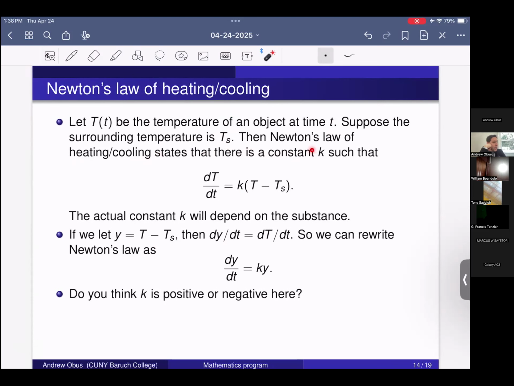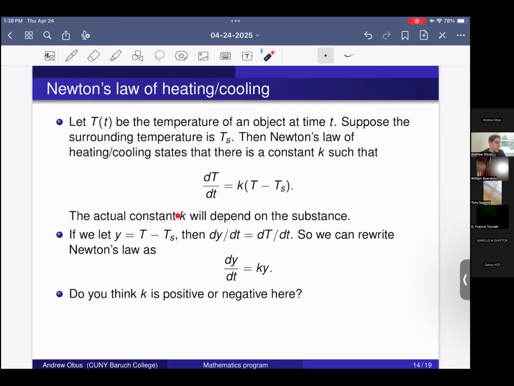It says that there's a constant K such that the rate of change of the temperature with respect to time, dT/dt, is equal to K times the difference between the actual temperature and the surrounding temperature. So for instance, if an object is much hotter than its surrounding temperature, then it will cool quickly. If an object is only a little bit hotter than the surrounding temperature, then it's going to cool slowly.